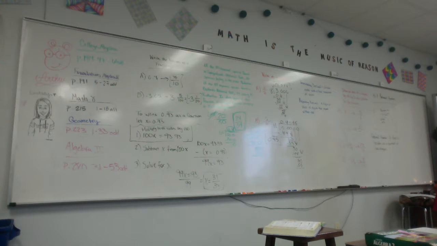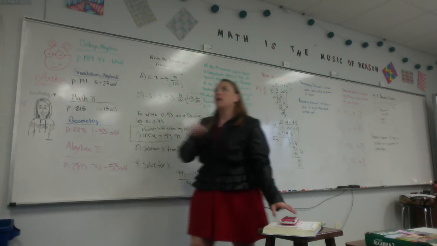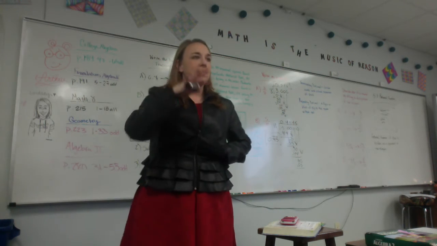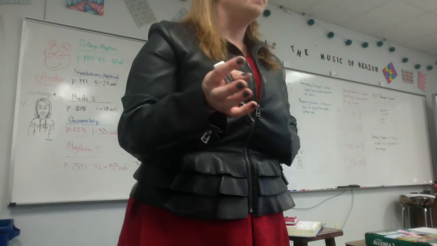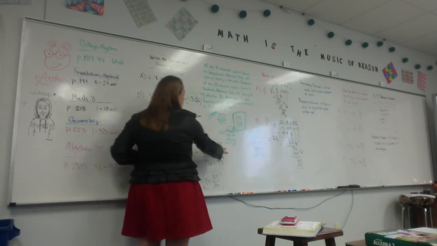I want that repeating decimal still there, because I want to show that I still have a decimal place going on. So if I took 0.9393 and multiply it by 100, I get 93.93. Okay? So I get 100x equals 93.93.